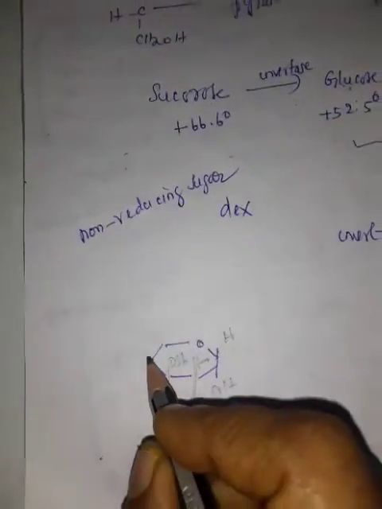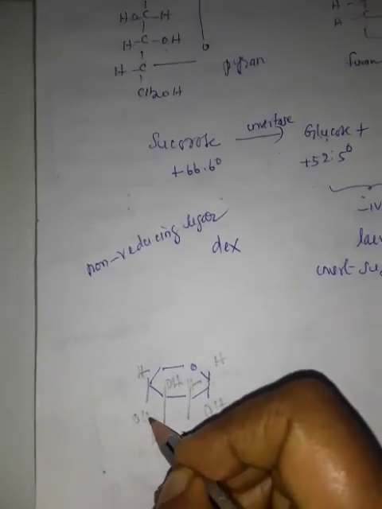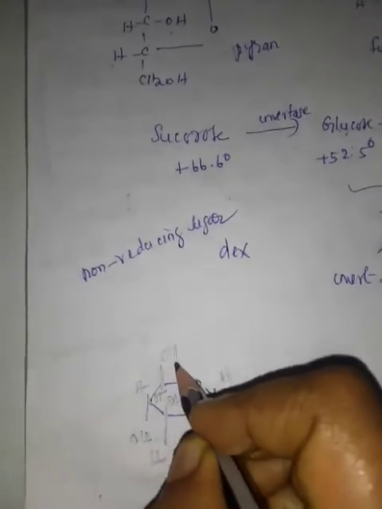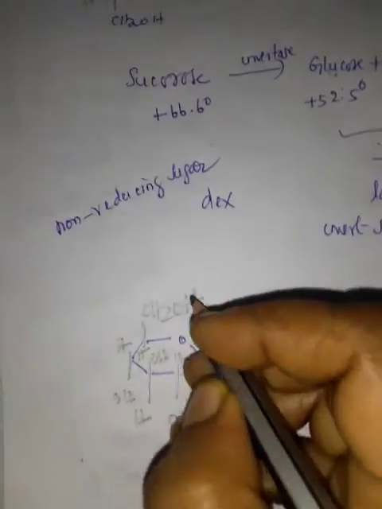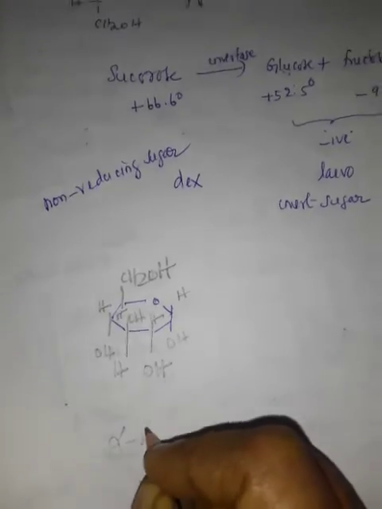Third carbon OH, H. Fourth carbon H, OH. Fifth carbon H, CH2OH. This is the alpha D glucopyranose.